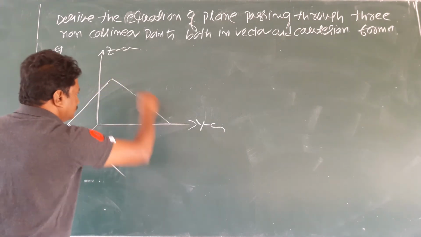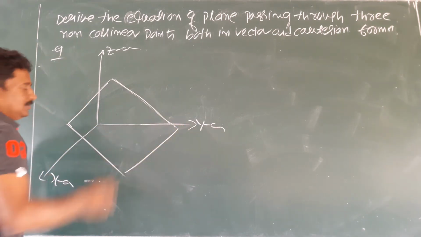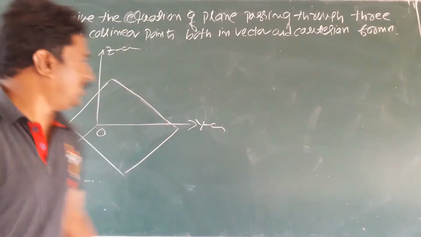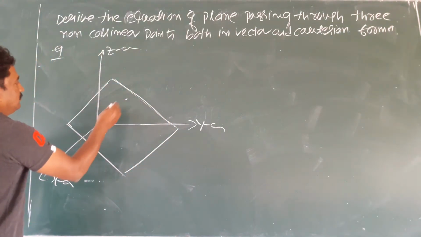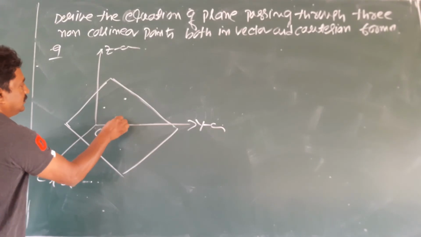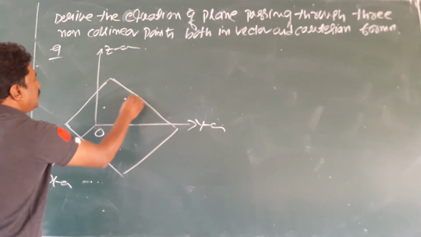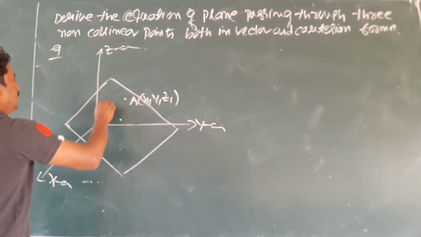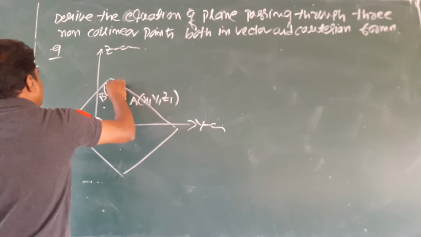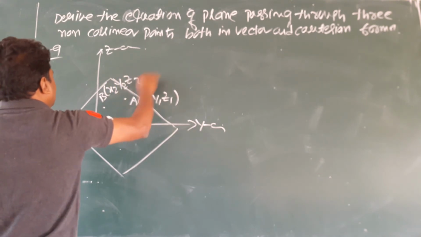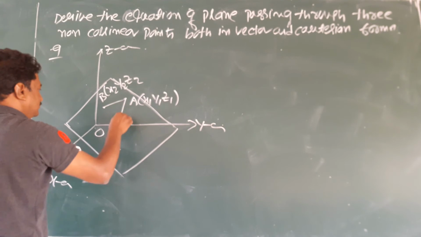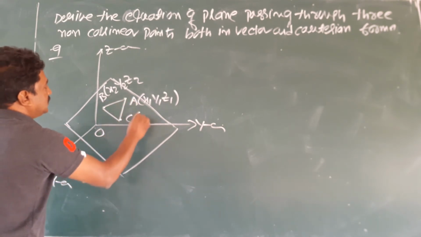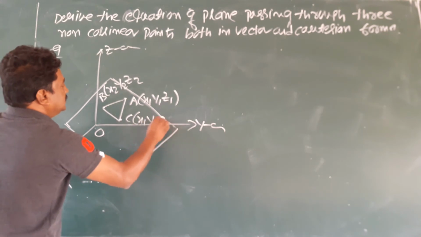You take three non-collinear points A, B, C. Tell me the coordinates: A is x1, y1, z1; B is x2, y2, z2; C is x3, y3, z3.